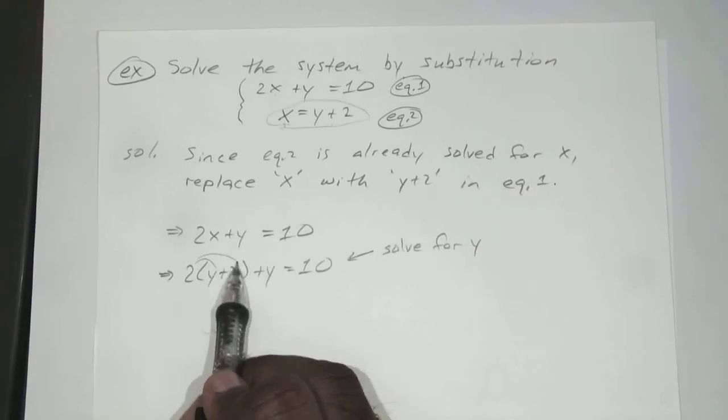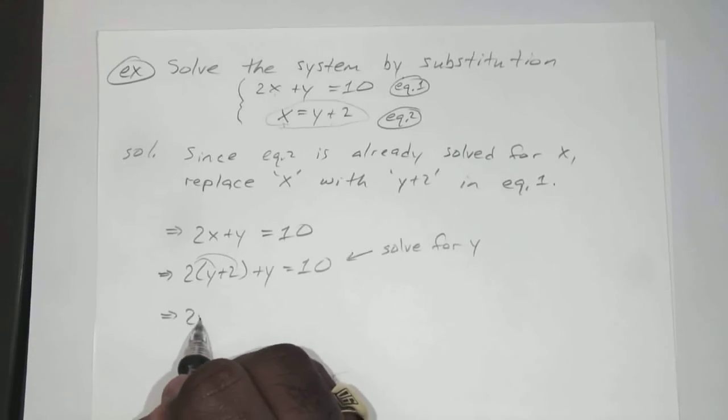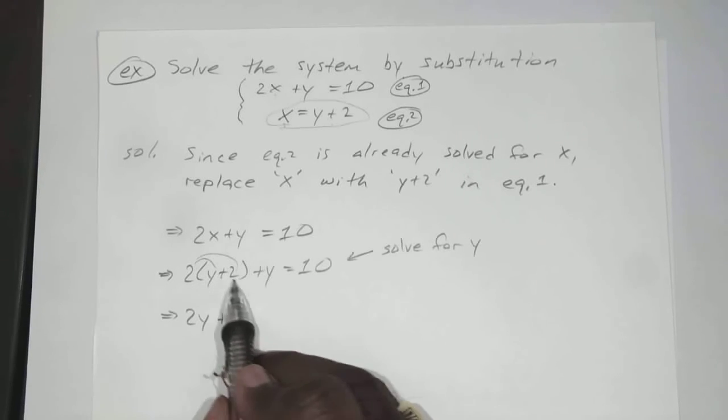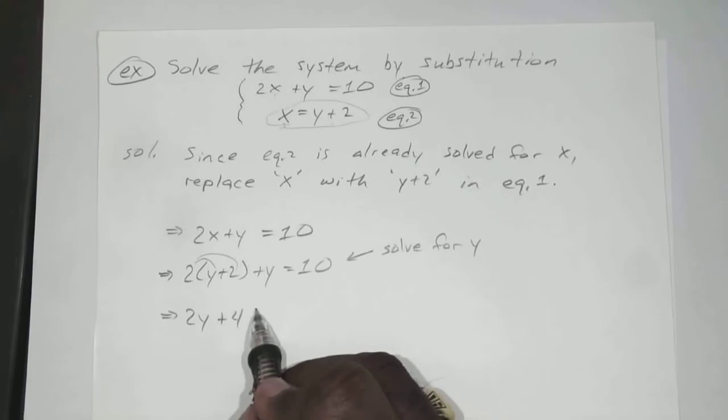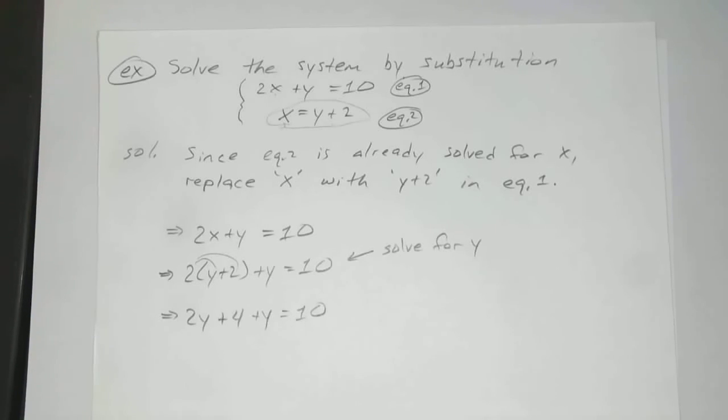Okay, so if we go ahead and distribute that 2, it gives us 2y plus 2 times 2, which is 4, plus y equals 10. And we can go ahead and combine those two. So 2y plus 1y is 3y.